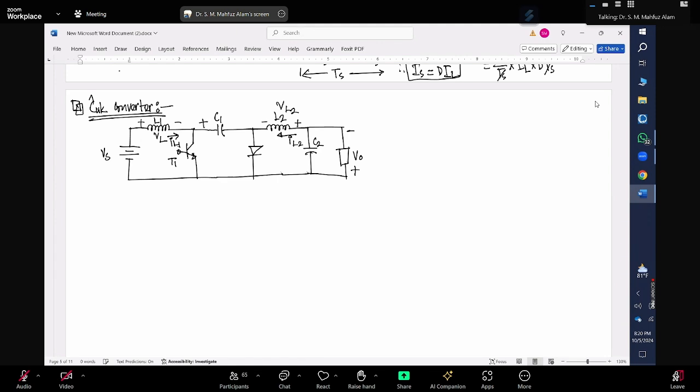And the voltage across the capacitor should be VC1. This is my diode D1. This is my I0. And the current going through the capacitor, we are considering in this direction. This should be my IC1.